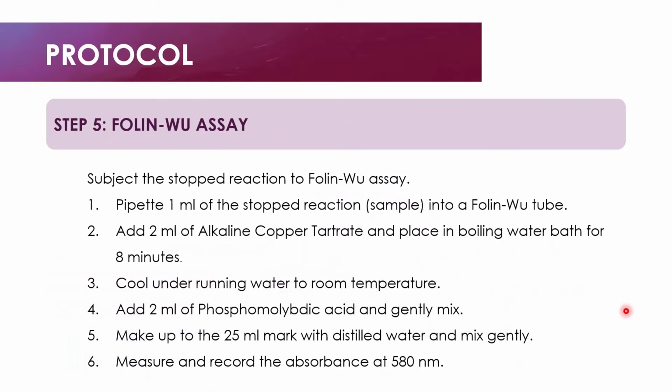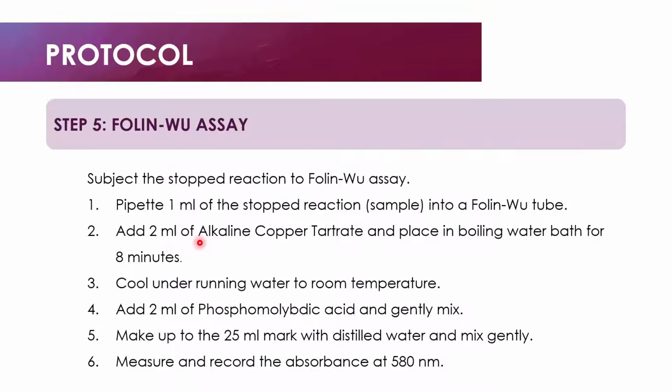So after stopping the reaction, we now subject the stopped reaction to the Folin-Wu method or Folin-Wu assay. We do this by pipetting 1 ml of the stopped reaction, which is now our sample, into a Folin-Wu tube. The next step is to add 2 ml of alkaline copper tartrate and place in a boiling water bath for 8 minutes.